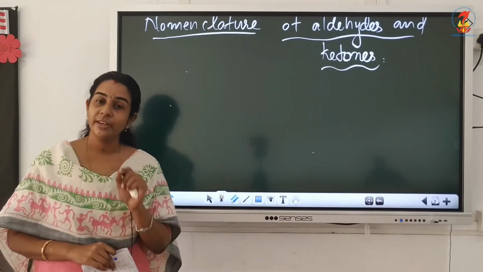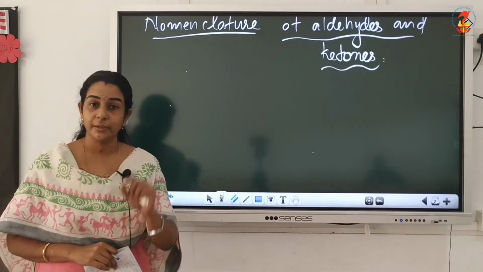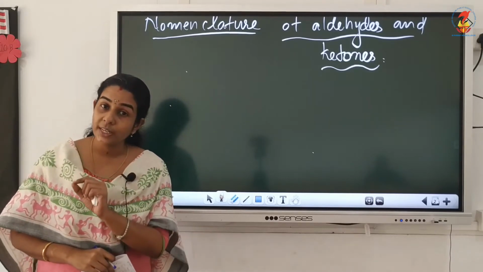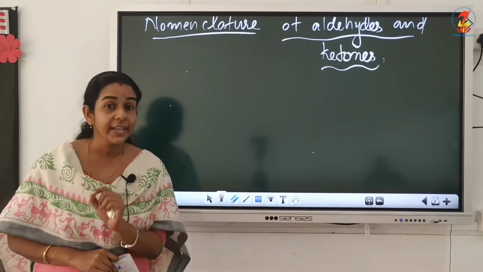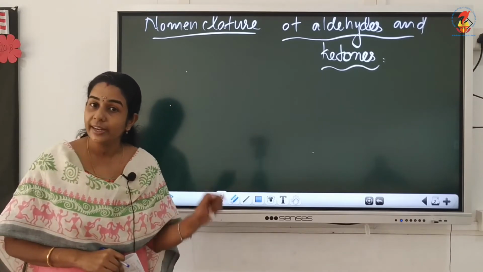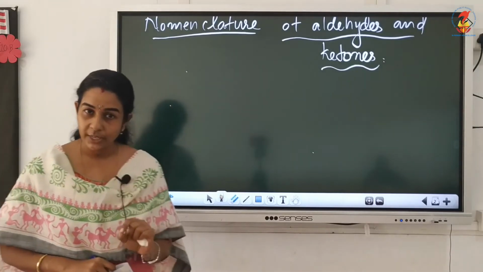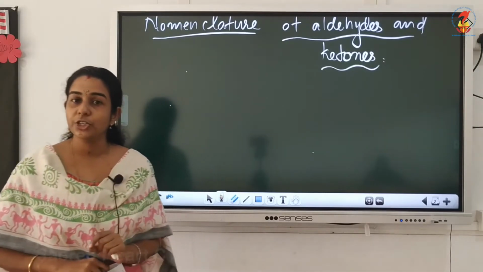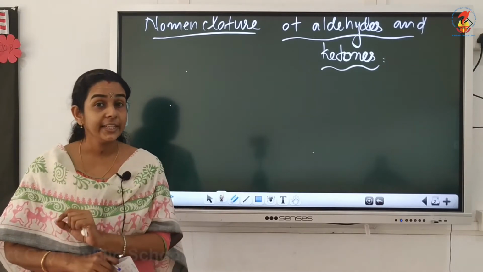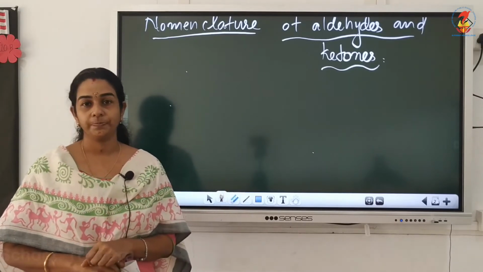So when we do the naming of an organic compound containing such functional groups, that means containing carbon atom, when we select the longest carbon chain or the parent chain, that carbon also should be included in the parent chain.